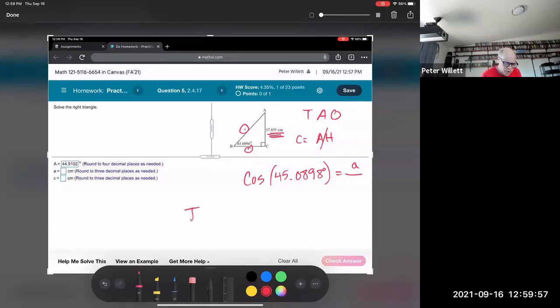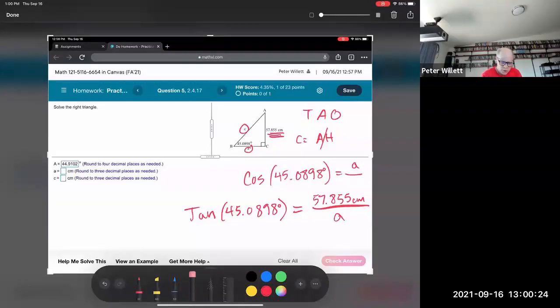All right, so we want to use the fact that the tangent of the B angle, 45.0898 degrees, is equal to the opposite side of the angle, which we know, 57.855 centimeters, divided by the adjacent side, A, which we don't know.